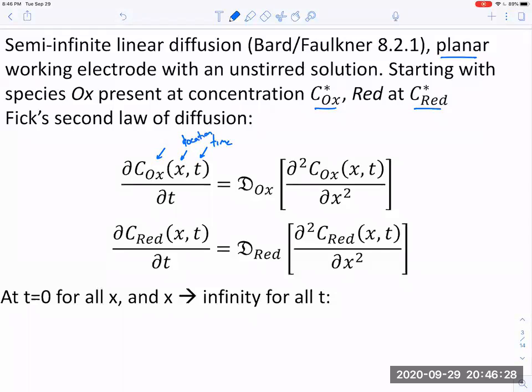So the time derivative of the concentration of the species is equal to the diffusion coefficient of that species in the solution, times the second derivative with respect to distance. In this case, it's just the second derivative with respect to x, how far we are from the electrode. And we have one of these for the oxidized species, one of them for the reduced species.